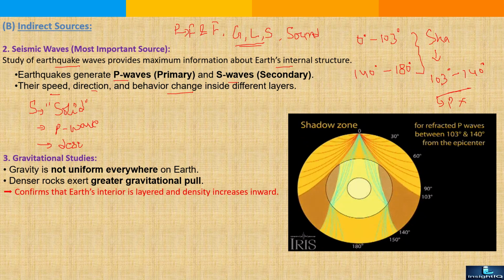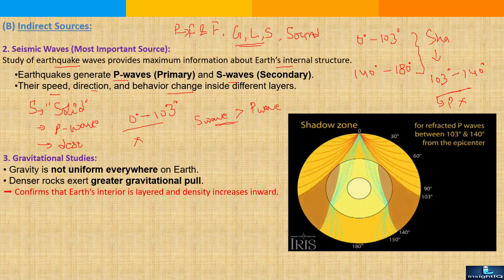As for its shadow zone, we receive the secondary wave from 0 degrees to 103 degrees. After 103 degrees, we do not receive any secondary wave. So the shadow zone of the S wave is much larger than the shadow zone of the P wave.